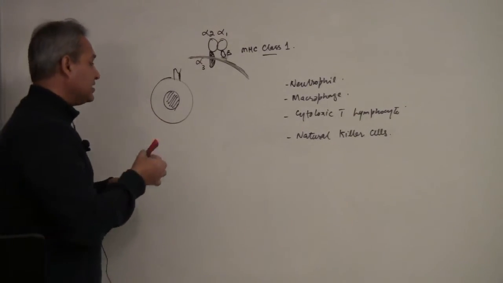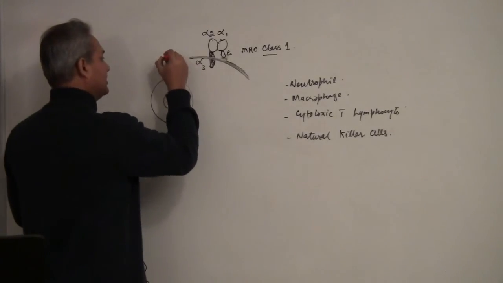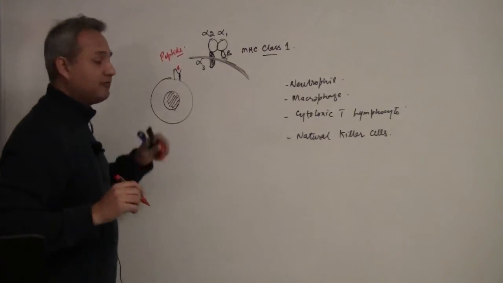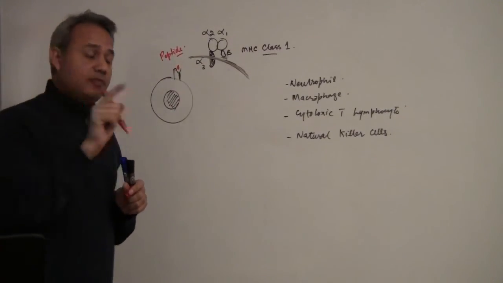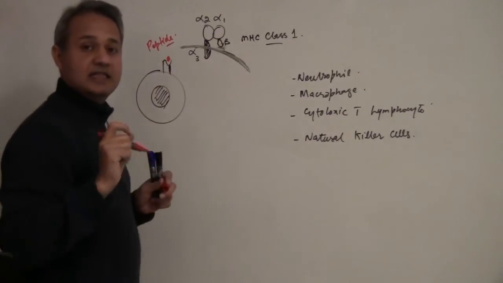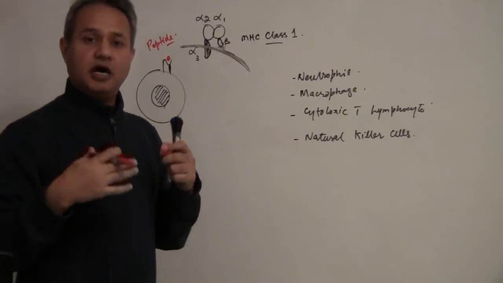Second thing, MHC class 1 molecules normally exhibit a peptide fragment. Normally this peptide fragment is that of a protein which is part of the body. How does that happen?